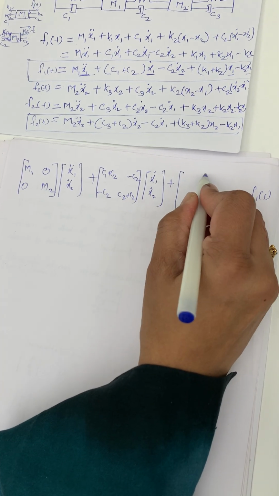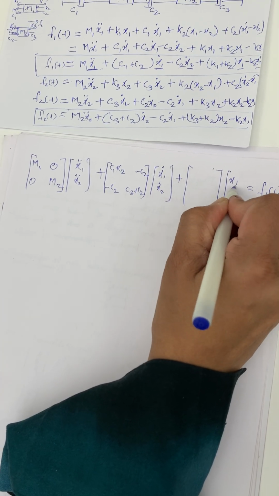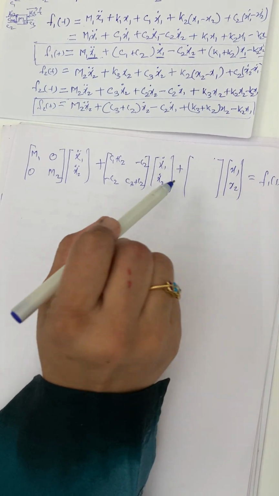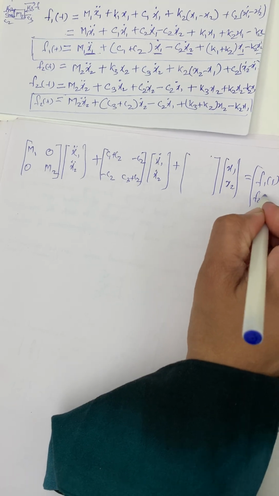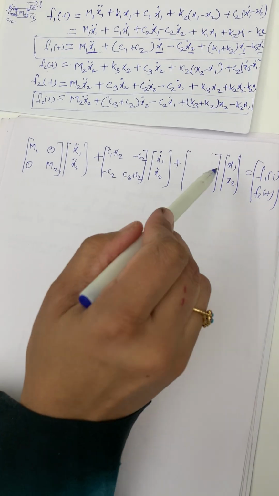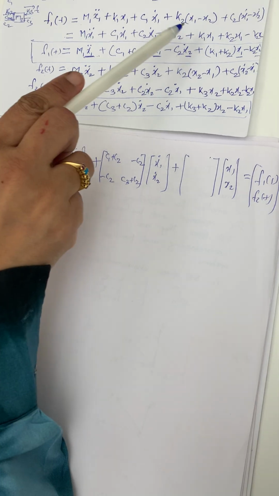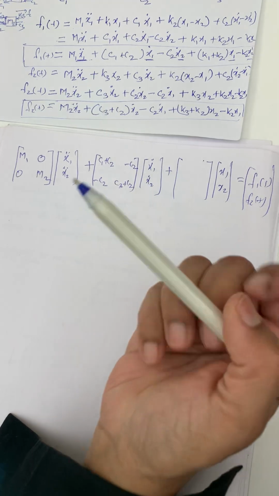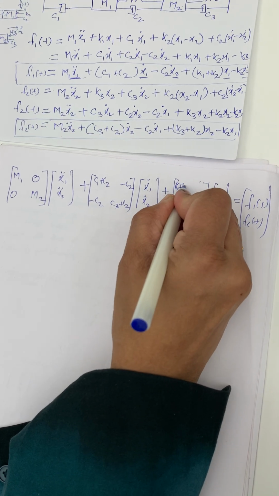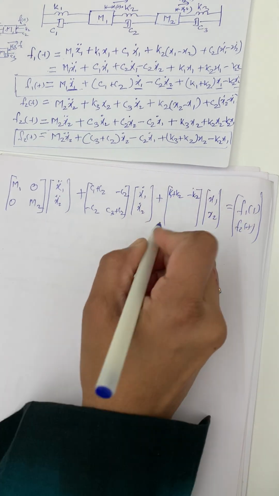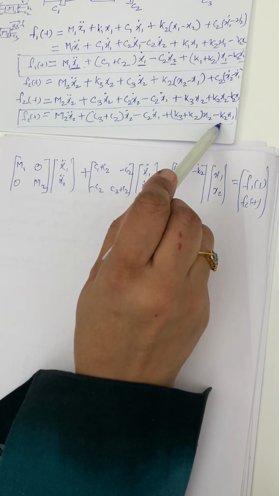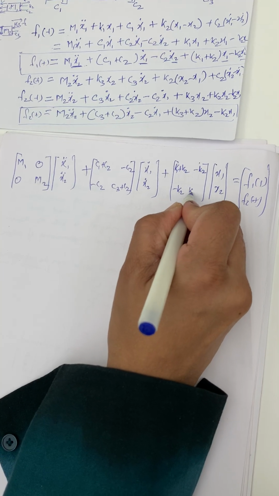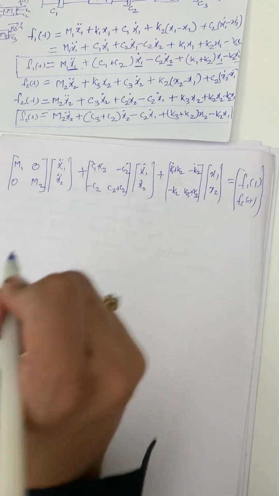Now for x1 and x2, and here we will write F1 and F2(t). For x1 it is K1 plus K2 and minus K2. Here, for x1 it is minus K2 and it is K3 plus K2.